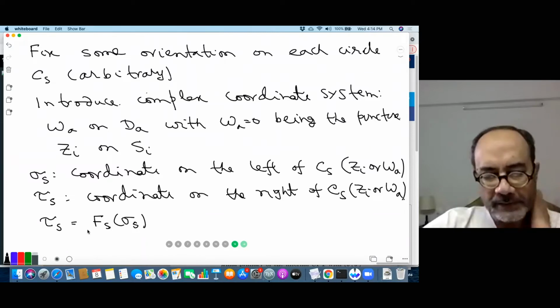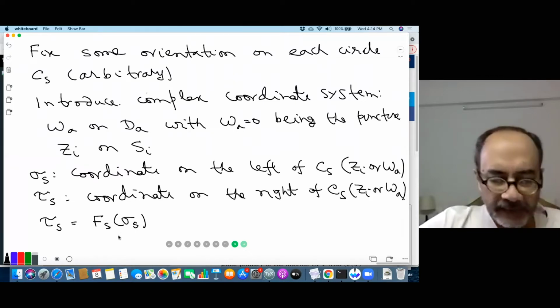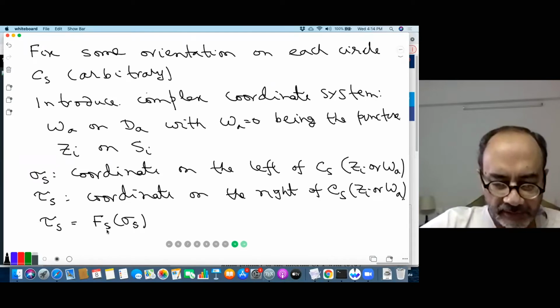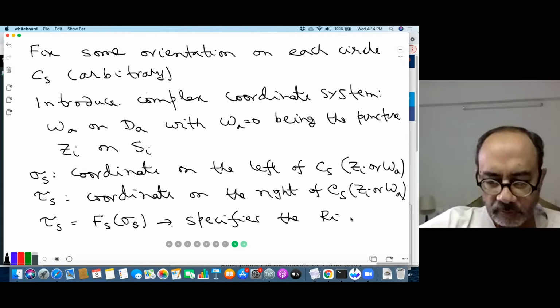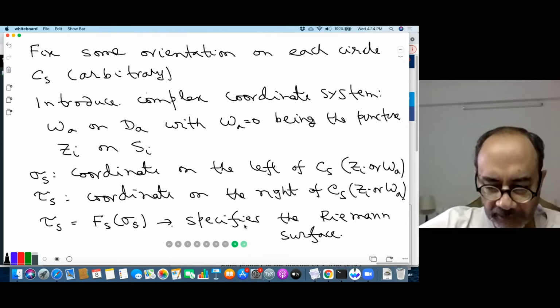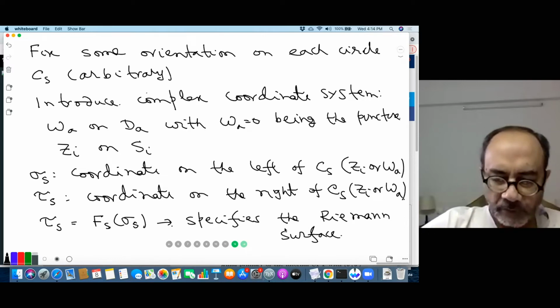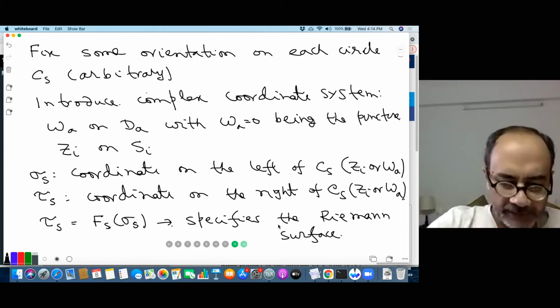Specifying all the Fs's basically specifies the Riemann surface. But of course, there is a lot of redundancy, which I'm going to describe next.